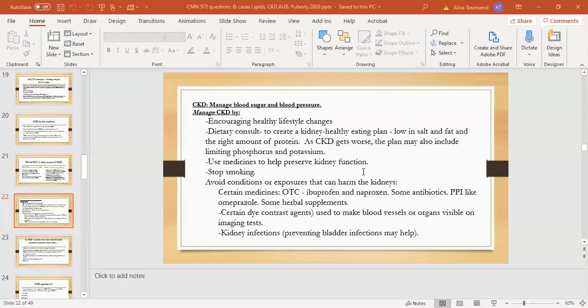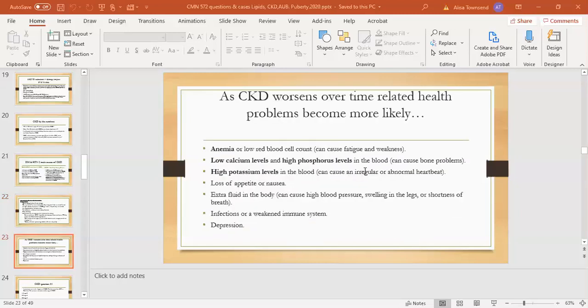When they start getting to stage 3, and as they advance further on into stage 3, more and more things start becoming a problem. That's really key, particularly with phosphorus. Tell them to avoid processed foods. They like to get everything out of a box. Avoid those processed foods, because that can be problematic, and sodas. Those are things to avoid. That's just an easy little thing to talk to them about, even though it may not do much good. Try.